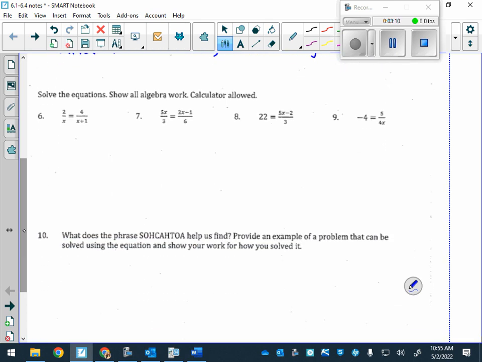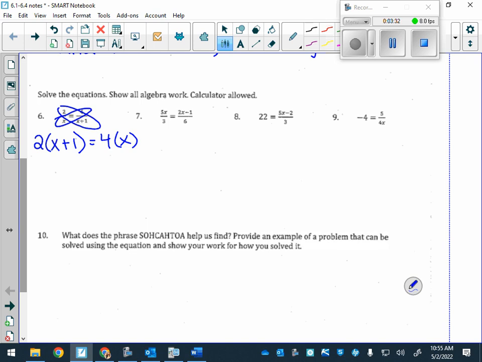Okay. Now 6 through 9, looking at number 6, what do you have to do here? Cross multiply. Good. So we multiply 2 times x plus 1 equals 4 times x. Perfect.